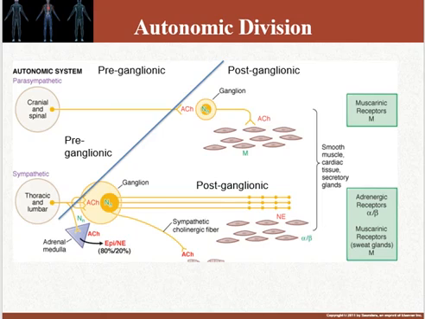And so just remember that in terms of the parasympathetic nervous system, we're dealing with really long preganglionic fibers and relatively short postganglionic fibers, both of which have the ability to secrete acetylcholine, and that's going to be our primary focus in terms of neurotransmitters for this talk.